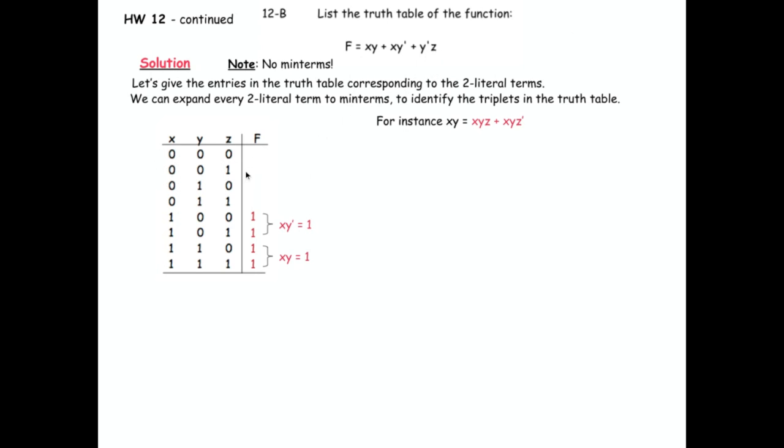Row 4 or 5? Wait. Yeah, 101. Which row? The one that says 101. But that's already 1. We already have that, well, that's fine. So let's just double check. So y complement, y should be 0, and z should be 1. So yeah, looks like that.